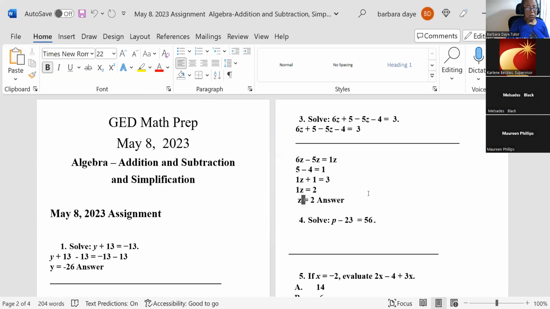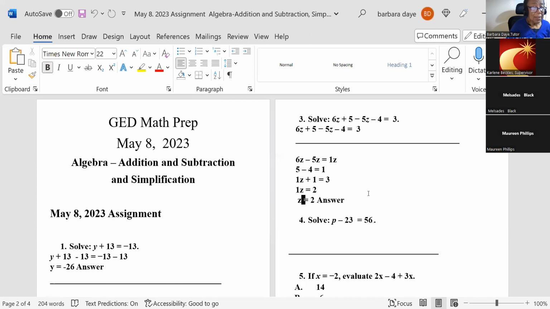Questions, Mercedes, on number 3? No, miss. Understood. So when you see something that's solved like this, you've got to combine like terms. Combine, if any variables, combine them. But they have to be alike now.